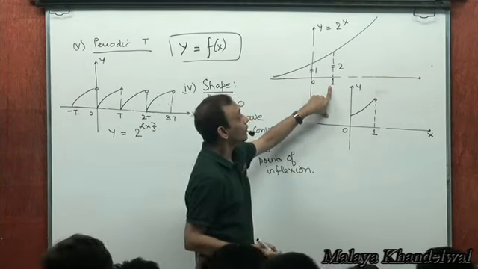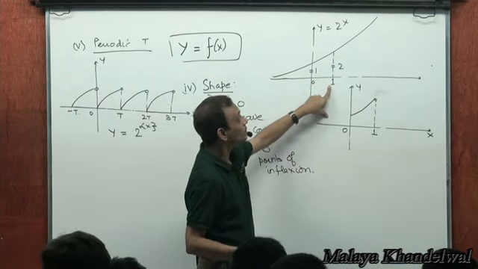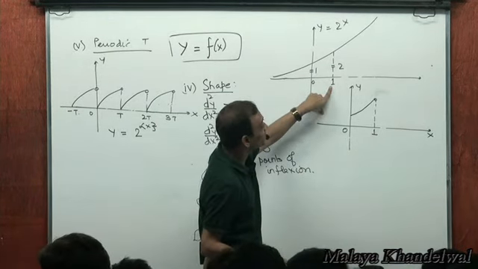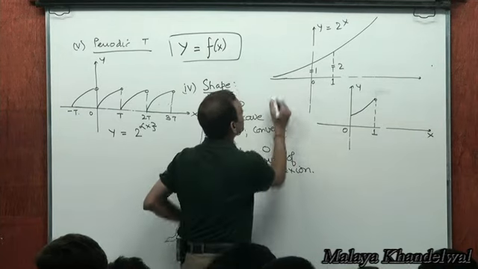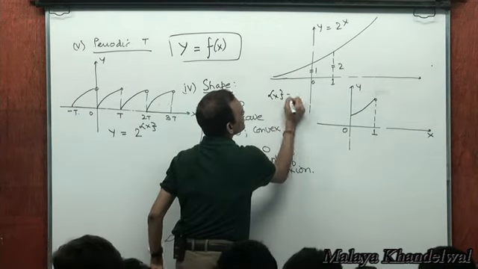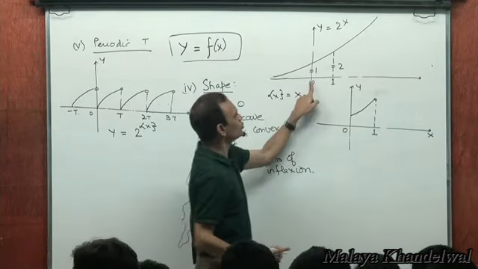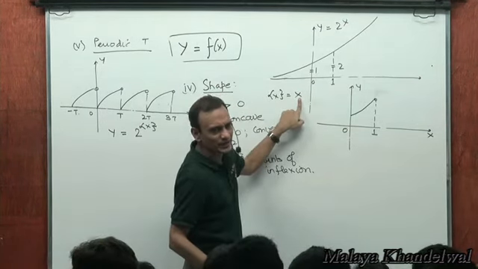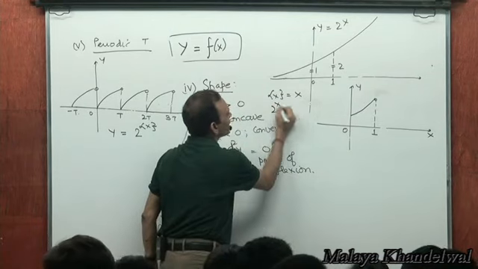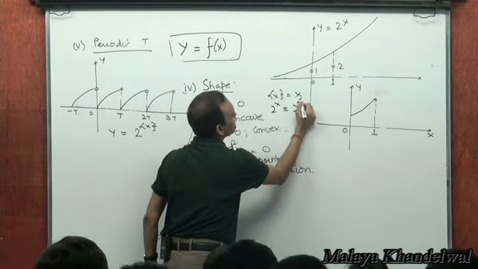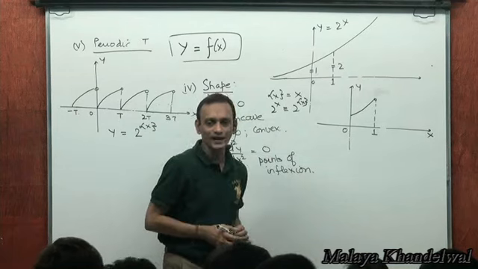Now when x lies in the interval 0 to 1, the fractional part of x will be the same as x. So the graph of 2 to the power x will be the same as 2 to the power fractional part of x in the interval 0 to 1.